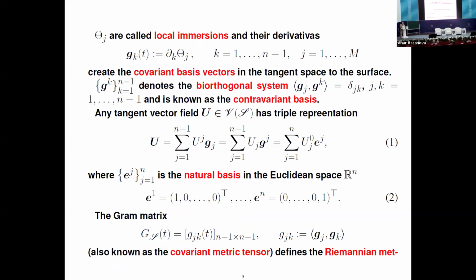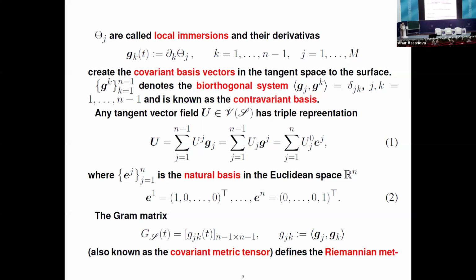We have three representations, and the notations for the coefficients are different: u with upper index i, u with lower index i, and u_i^0. So we make the difference between these representations with these formulas. And e_i is, of course, as I told you, the natural basis in Rn. It consists of zeros and ones, they are a basis in Rn.